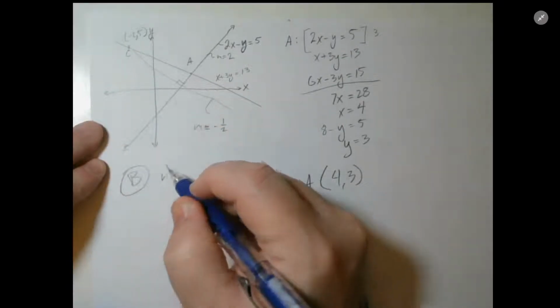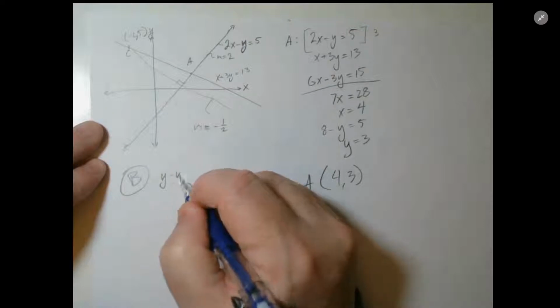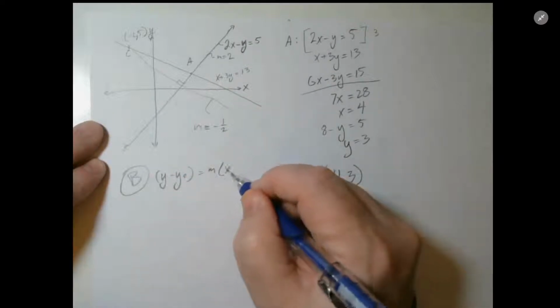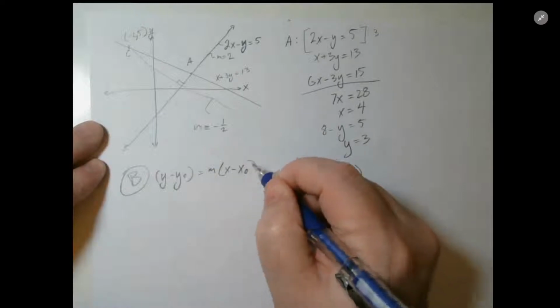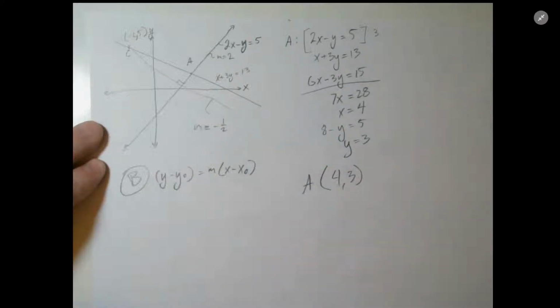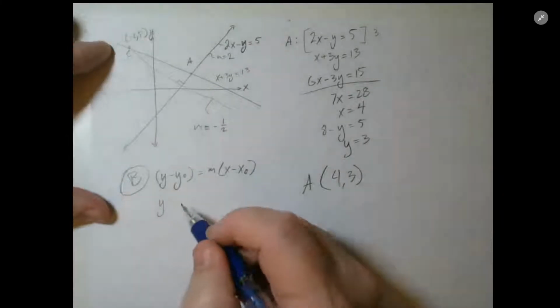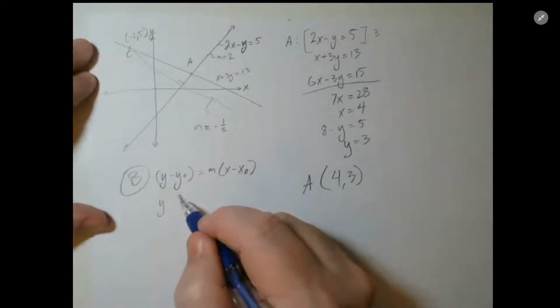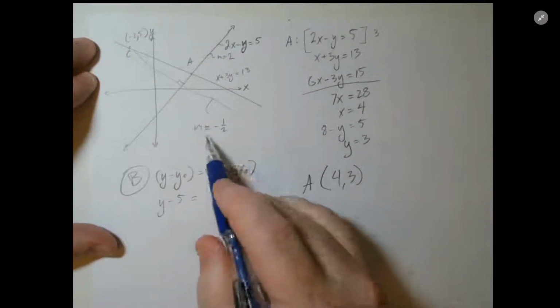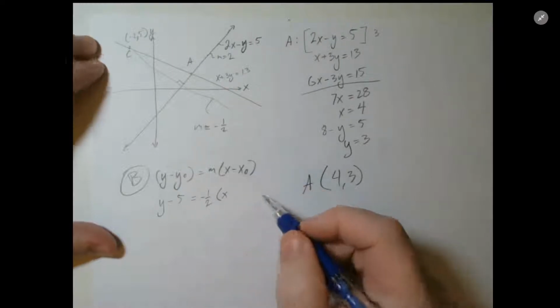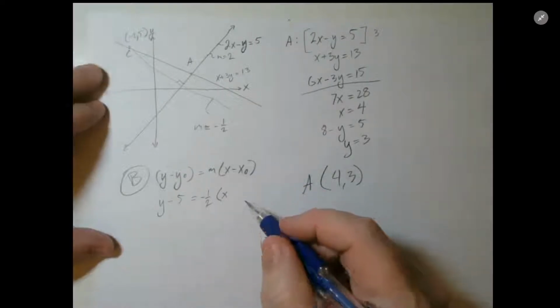Point slope form is y minus the y coordinate equals m times x minus the x coordinate. So y minus 5 equals m, which is negative 1/2, times x minus the x coordinate. The x coordinate's negative.